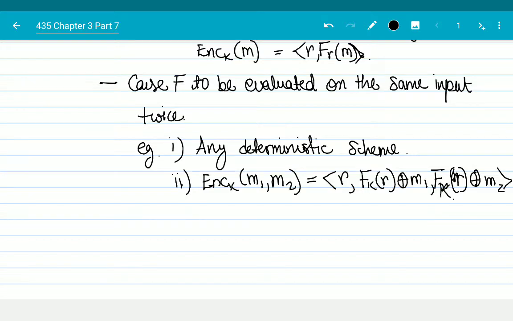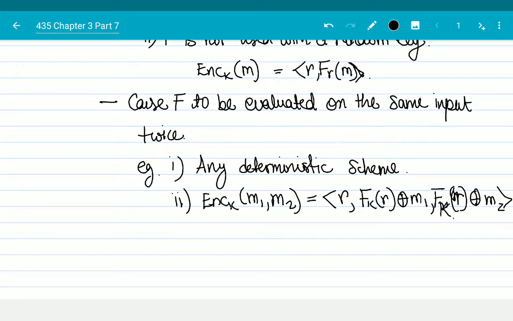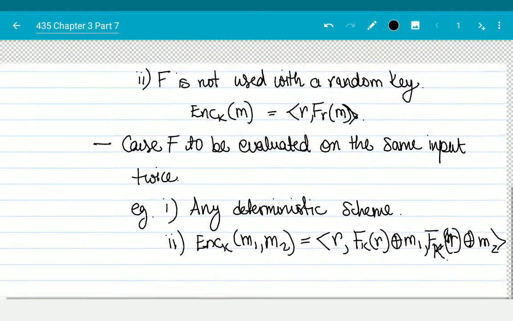So in both of these cases, you can fail your secrecy, okay?